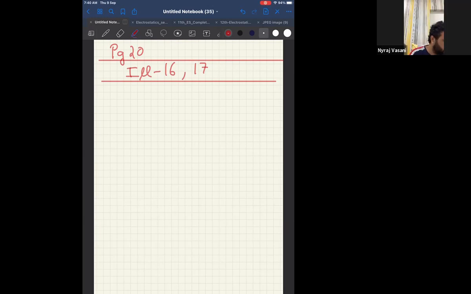Now, before I go to the next kind of questions, they will ask you to find path length. Path length is the length of the entire path. And whenever they ask you what is path length, the path length will always be 2a.